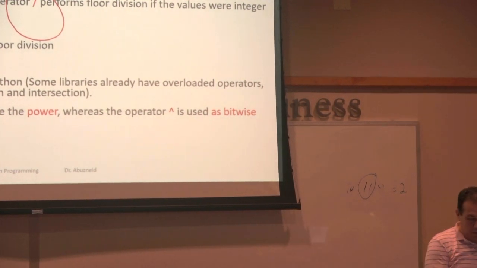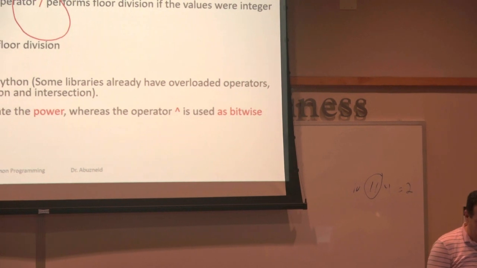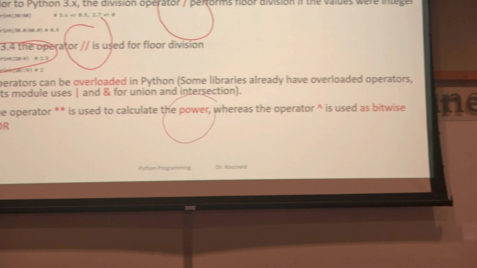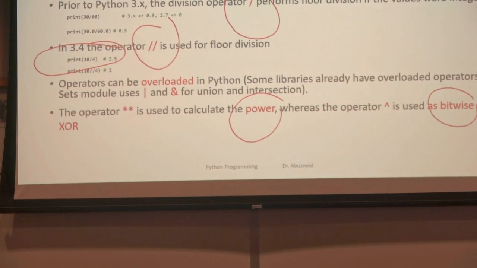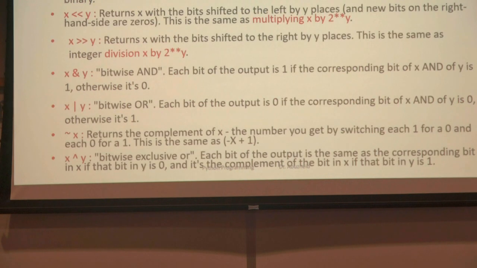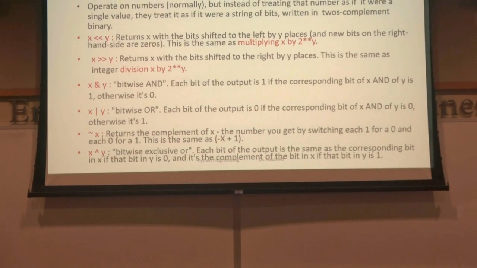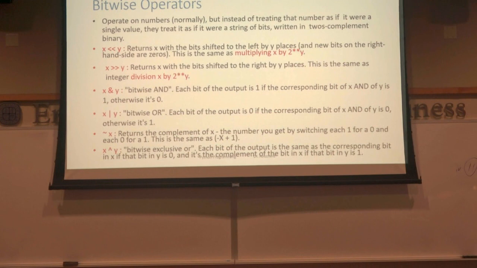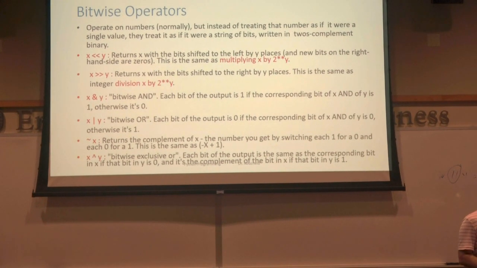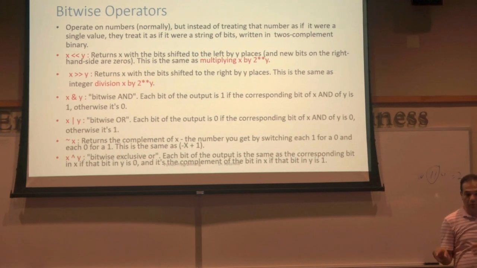Of course, there are the AND, the OR, the XOR and the NOT operations. This is the power, this is the bitwise XOR, the AND, the OR. All of these you could use. Bitwise operators, I'm going to go fast because I think you know most of this. In case you don't, open the shell and try it out.